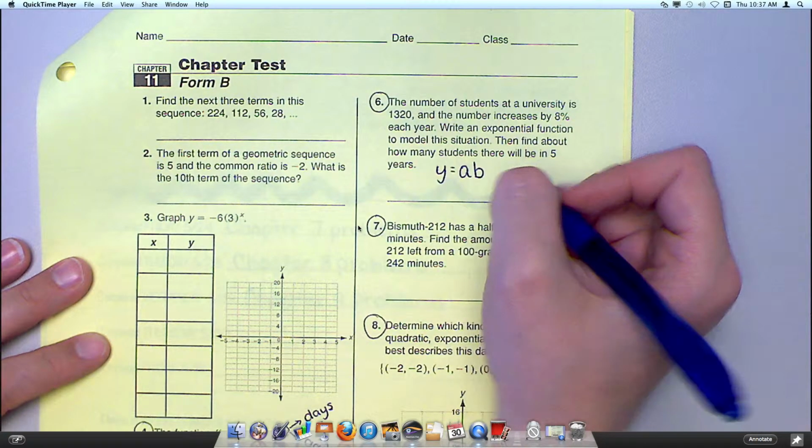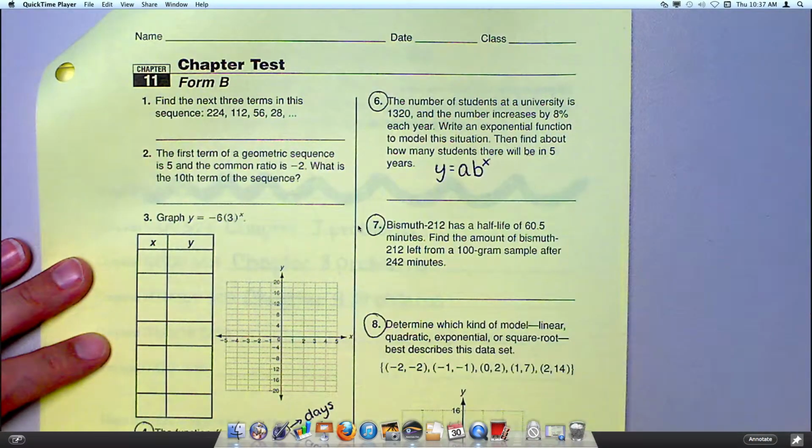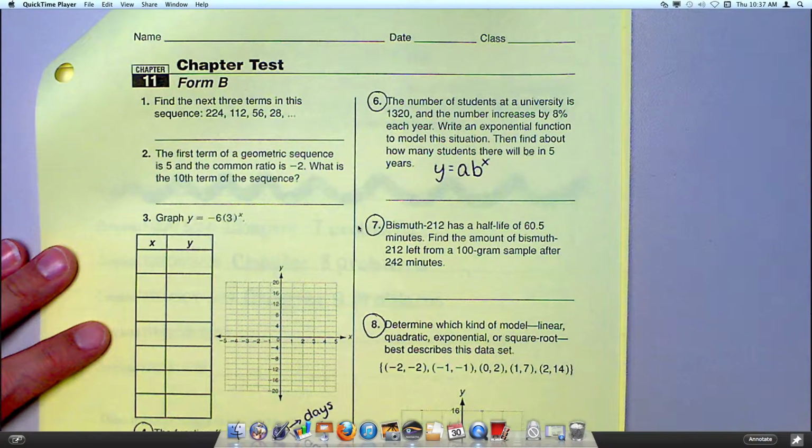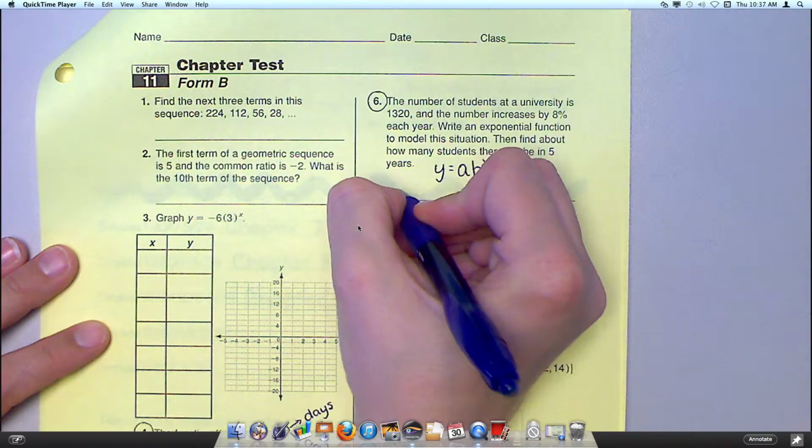Exponent, good. Y equals AB to the X. What's A? For A, it's just 1320.